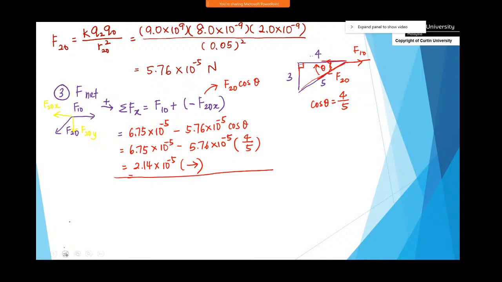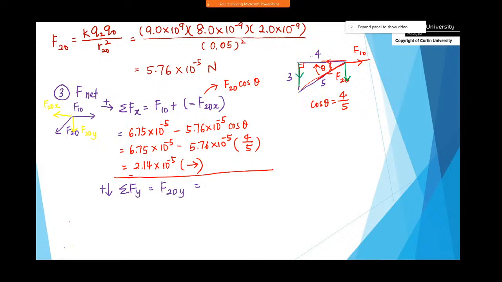And now move on to find our Fy. So if you want to assign going down as positive, so Fy only equals F2O in the y dimension. So F2O in the y dimension here, or you can say it's actually equivalent to here, right?